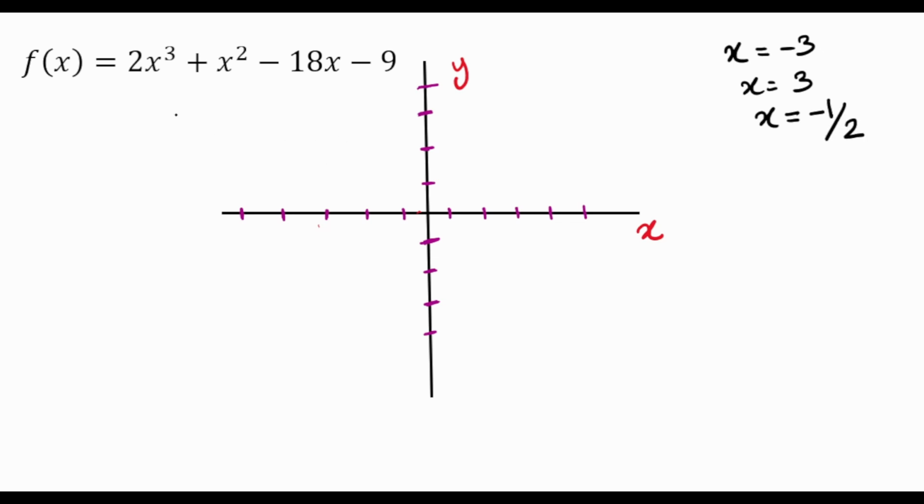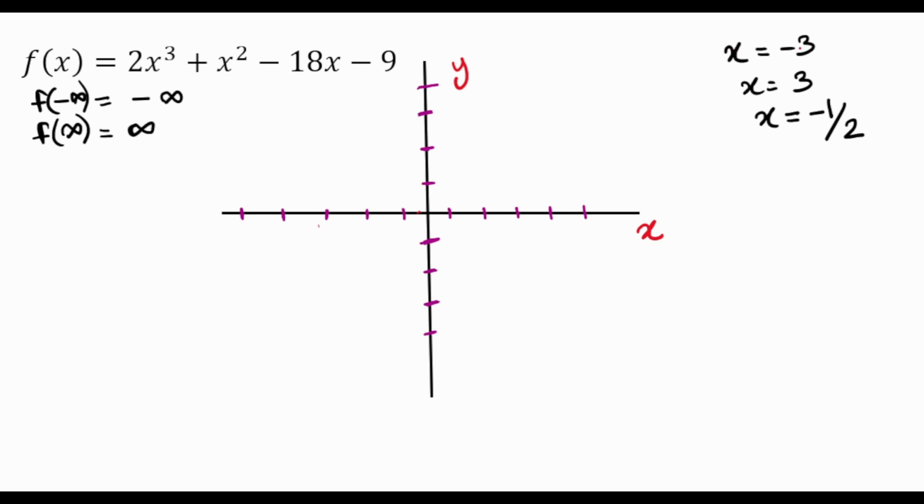Also, we are interested in finding out how the function behaves at x is equal to minus infinity and at x is equal to infinity. So if I plug in minus infinity into this equation, then clearly f of x will also approach minus infinity, and similarly at infinity the function will go to infinity.